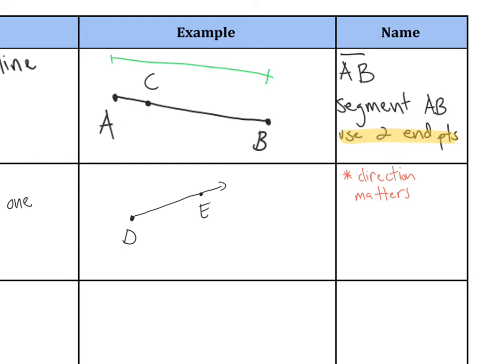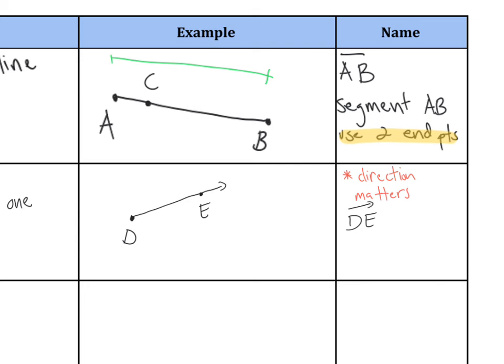And so if I'm looking at my ray, it starts at point D. I know we call point D an endpoint, but that's really where this ray starts, and it goes this way into infinity. And so we always have to use the endpoint when we begin naming. So I'm going to go ahead and say this is point D, and then it goes to infinity in the direction of E.